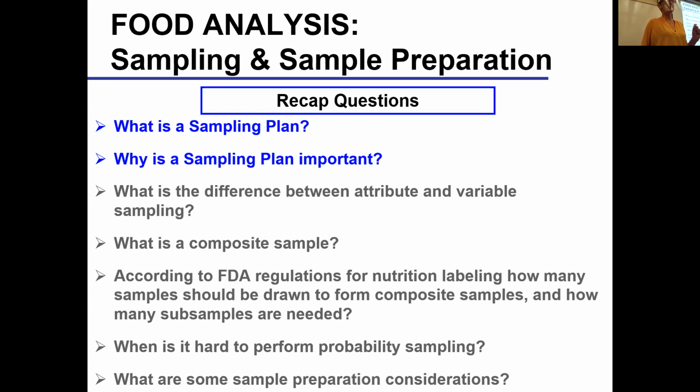So why is sampling plan so important, Drew? Because you need to pick a sample that will accurately represent the lot. If you pick maybe the first scan level of the lot, that might not be representative of what may get scanned in the middle. Absolutely. So it's very important to know, for example, if we need to select 12 samples for nutrition labeling based on FDA.